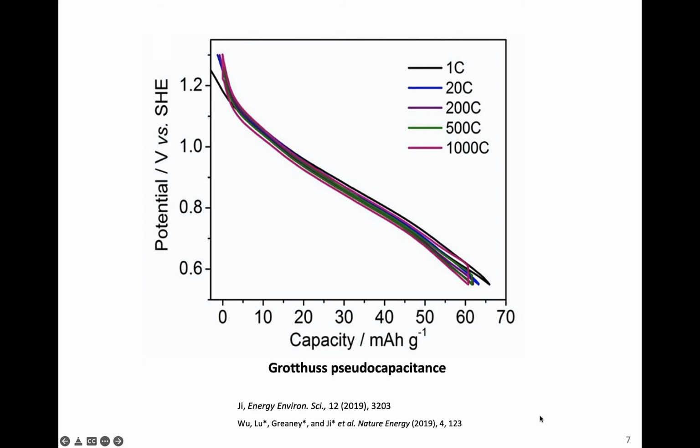The results are astounding. When we increased the charging rate by 1,000 times, the delivered capacity of this battery material is nearly the same. Here 1C means the battery charge or discharge process is completed in 1 hour, and 1000C means that this same process is completed in just 3.6 seconds.